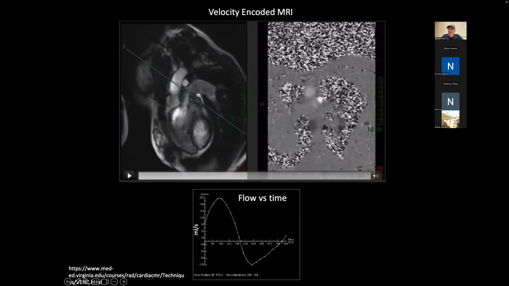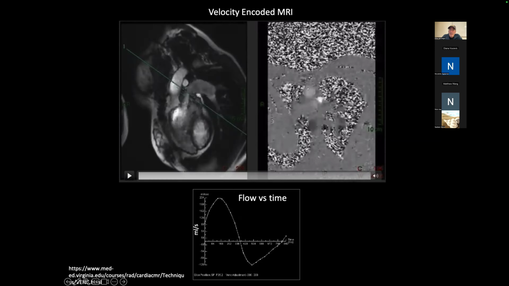If we look at the air in the background, the magnitude of the signal is 0. However, the phase can be anything, right? It's anything from 0 to 360 degrees. So it's just a random number generator for phase angle out in the air.